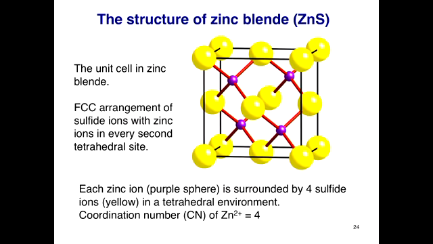Okay, so there's the structure of zinc blende. And you'll notice that we've got the sulphides here, the corners of the unit cell. Notice that the sulphides are actually located at the actual intersection of the axes of the unit cell. That's the centre of the sulphides there.